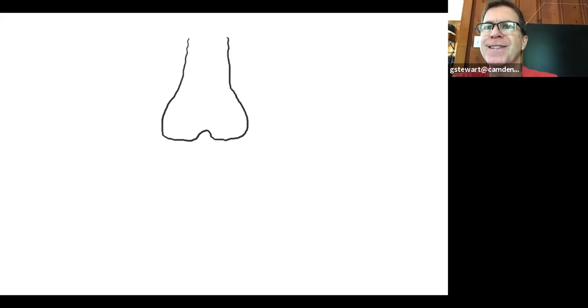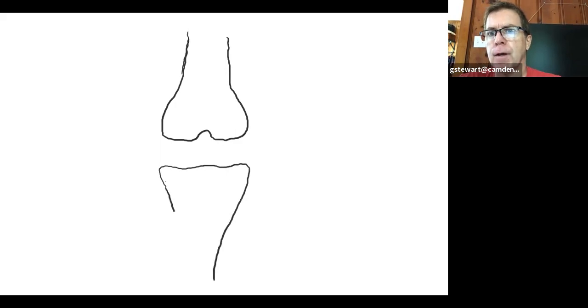This is the distal end of the femur, so the top of your knee. Now I'm going to draw the proximal end of the tibia, which is the top of your shin. And I'm going to draw this synovial joint for you. So those are obviously bones.